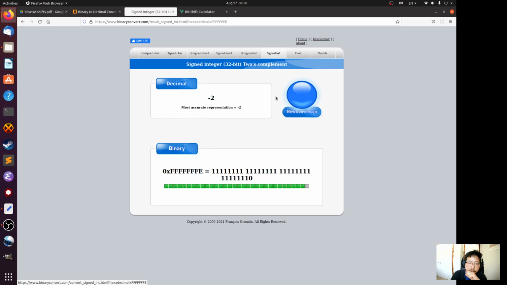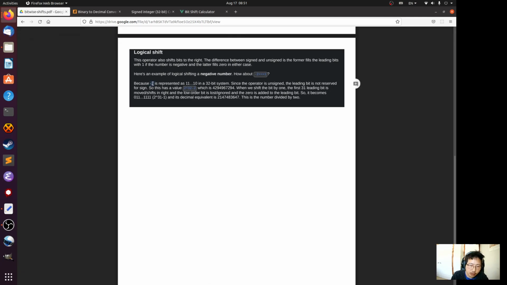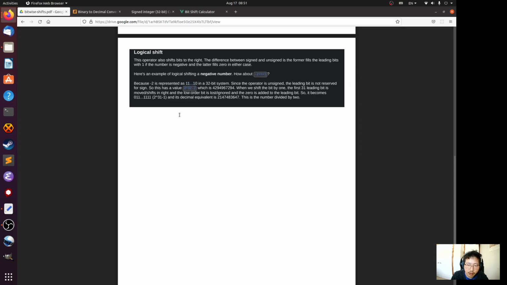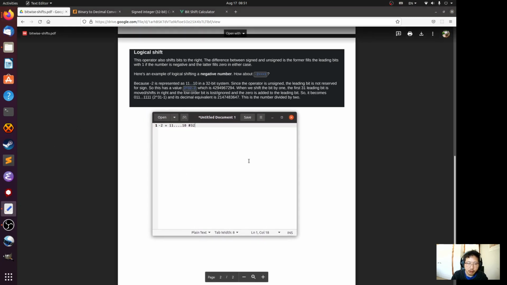Okay, so it is talking about when this is converted to binary, it has to use 2's complement, but then in the post-processing of shifting, it does not recognize the leading bit as sign. Okay, that's the point.